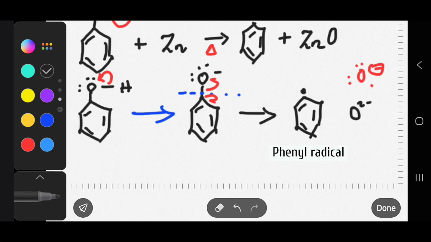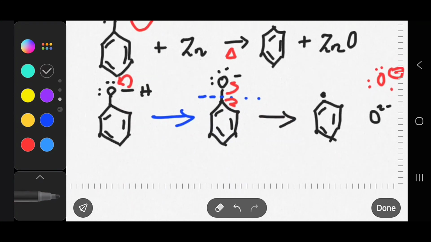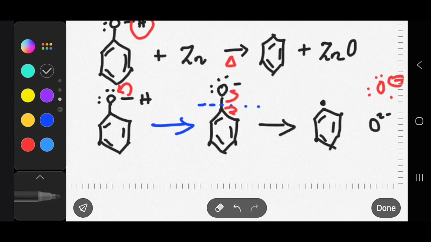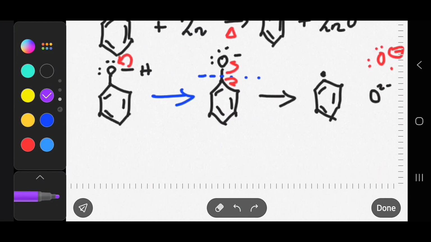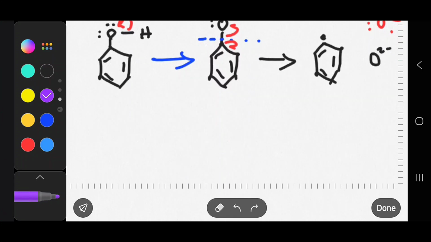Now what will happen is, remember, we still have zinc. This is zinc. Now zinc is going to act as a reducing agent, undergoing oxidation.